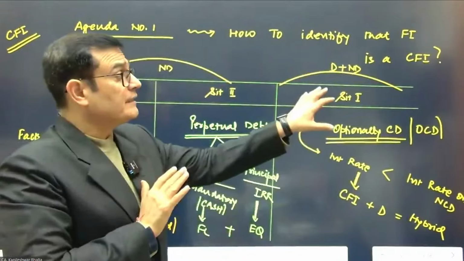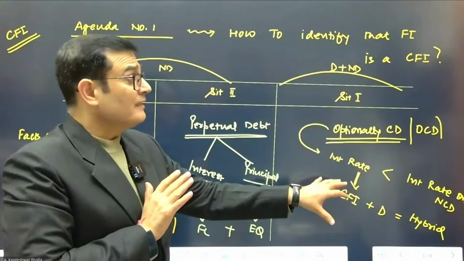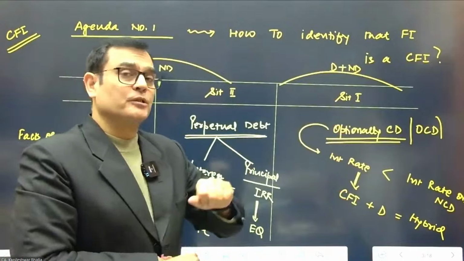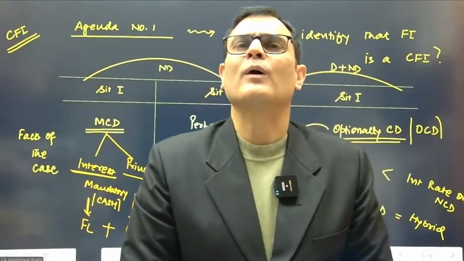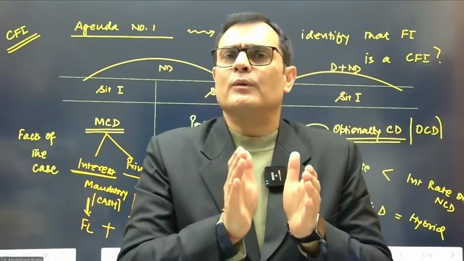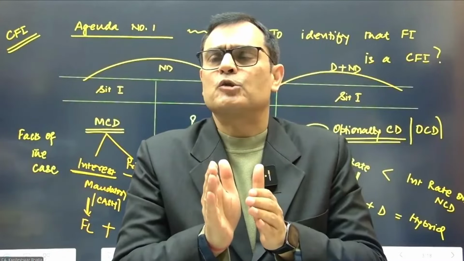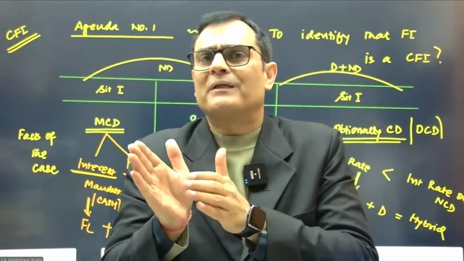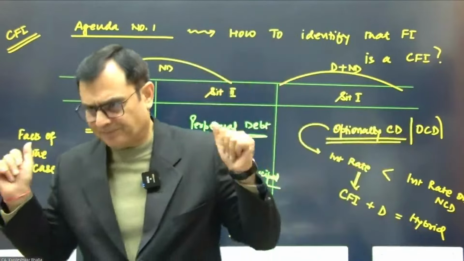So if I say that the derivative has equity characteristics and it is optionally convertible, undoubtedly it is a CFI. So why? Because you will never pay the interest on an optionally convertible instrument equal to what you would have paid on a non-convertible instrument. Agreed 100%?